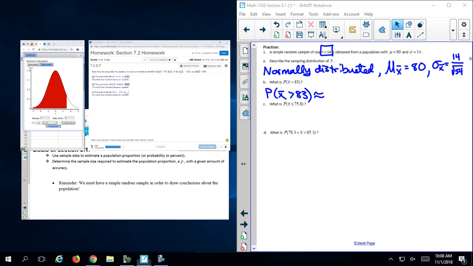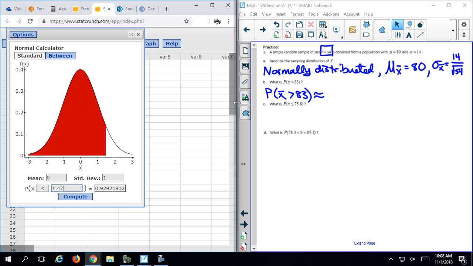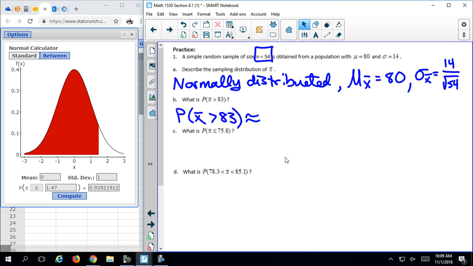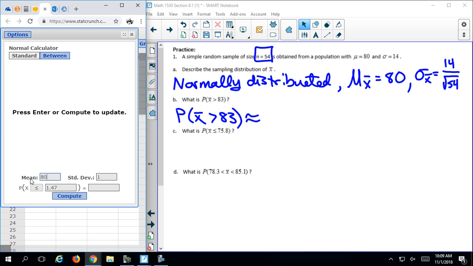We need StatCrunch. So if you haven't already, let's open StatCrunch. So I have my normal distribution. I'm going to change the mean to 80. And the standard deviation is 14 over square root of 54. StatCrunch is not going to let us type it in that way.